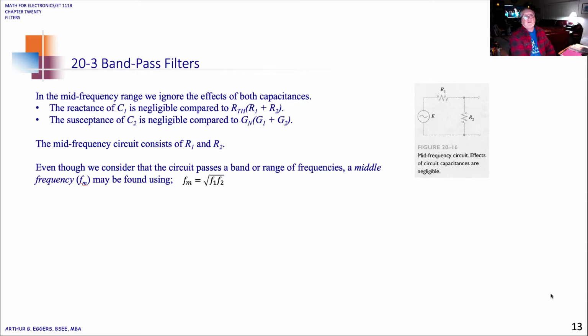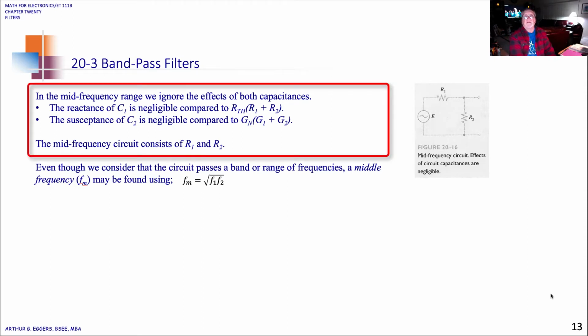In the mid-frequency range, we ignore the effects of both capacitors. The reactance of C1 is negligible compared to R Thevenin, the product of R1 and R2. And the susceptance of C2 is negligible compared to the conductance Norton, G1 plus G2.